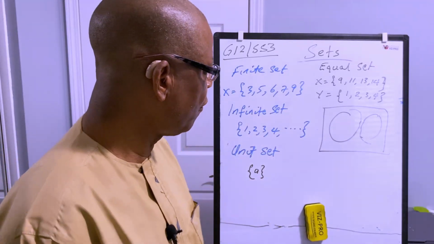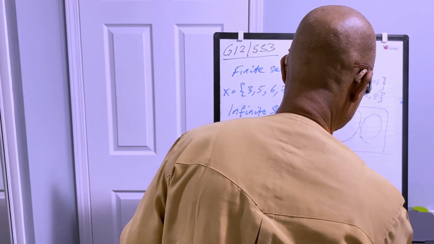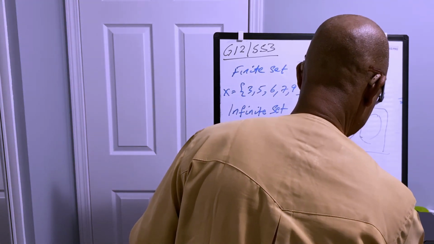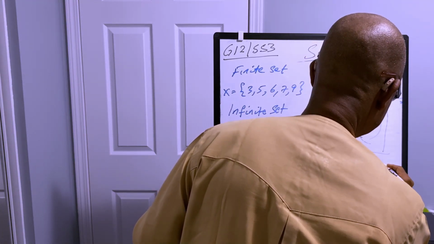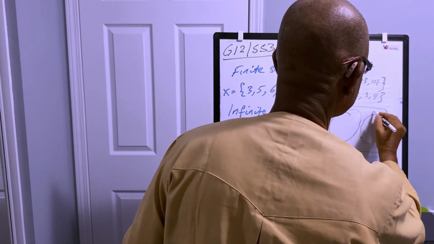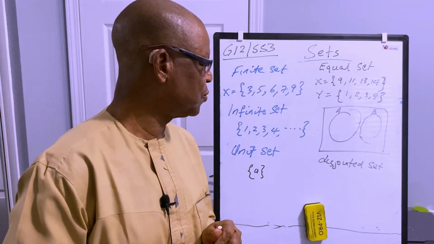So when we are talking of disjointed set, we are talking of sets that don't touch each other. If this is set A and this is set B, you discover there is nothing in common between the two.